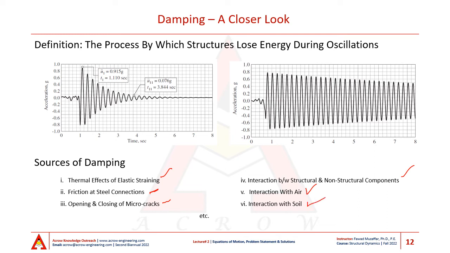For earthquake loading, one of the main reasons of loss of energy is the interaction between the structure and the soil medium, and this is actually nowadays one of the main areas of research in many universities around the world.